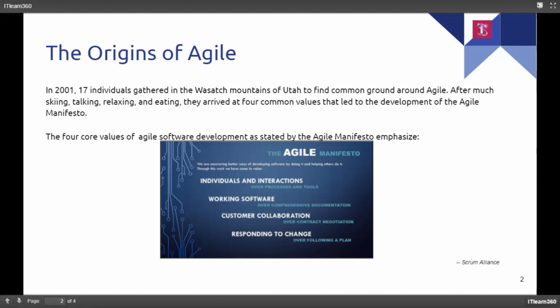The second important manifesto is working software over comprehensive documentation. Rather than creating tons of documentation, definitely documentation is important, but not only the documentation, but working software.